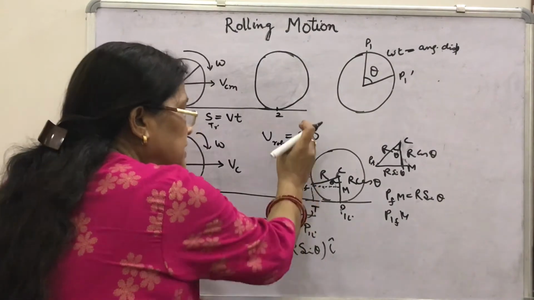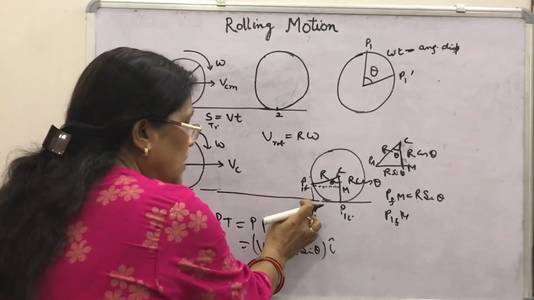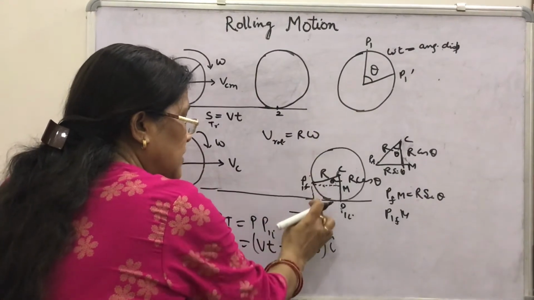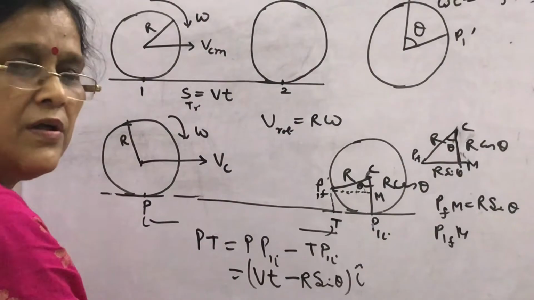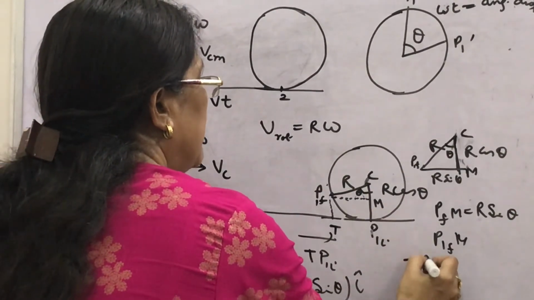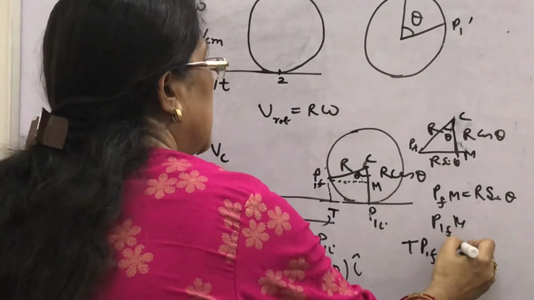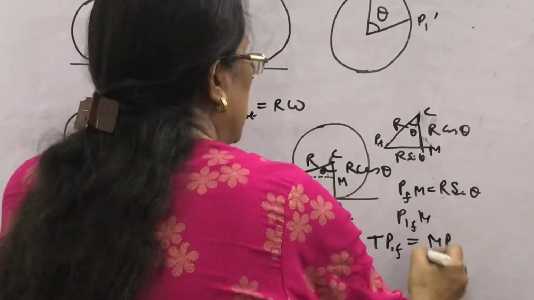Then how much along the y-axis, in the vertical direction? Look, how much along the y-axis, along the vertical direction? So this is the T1F, and what is T1F? T1F is the same as MP1I, and what is this?